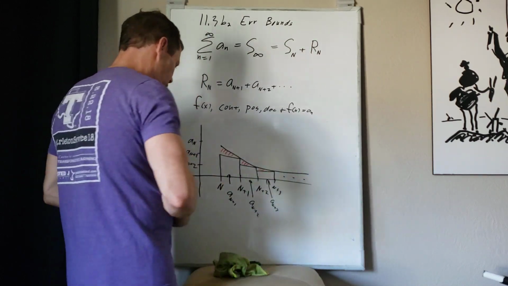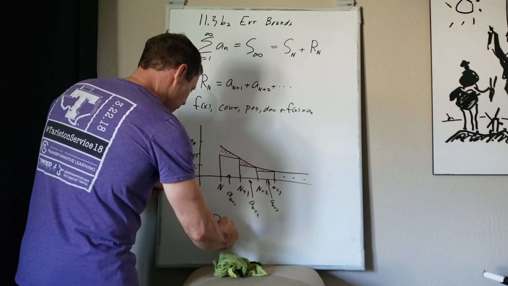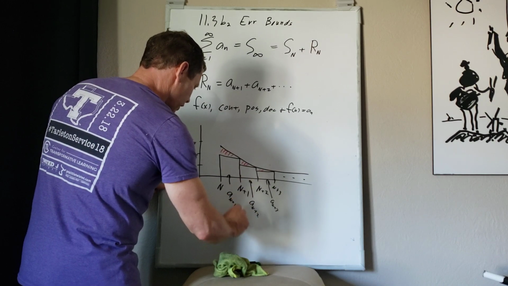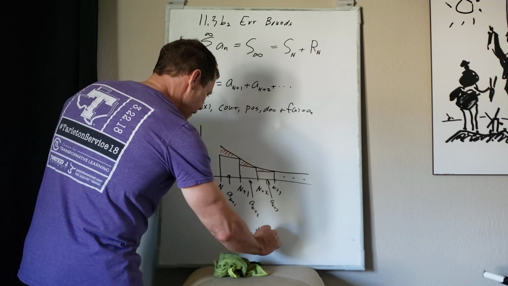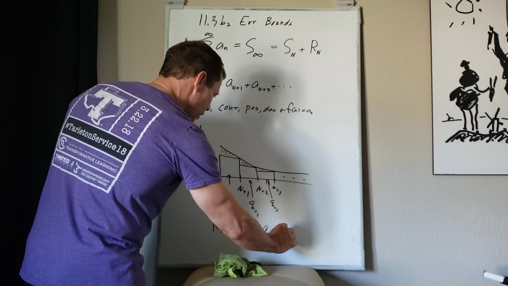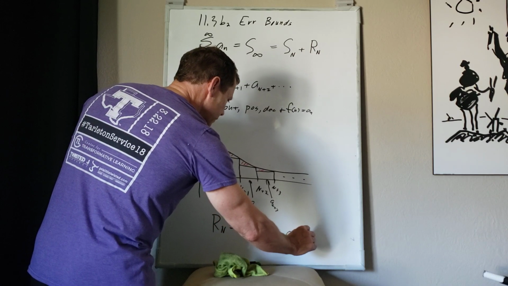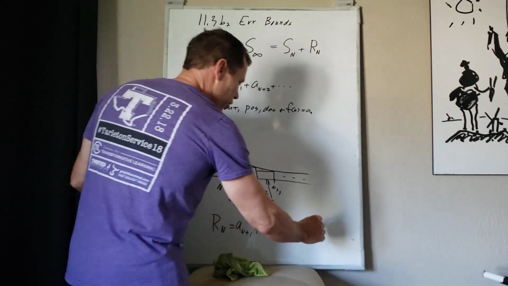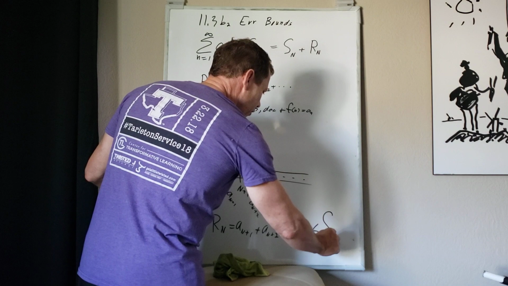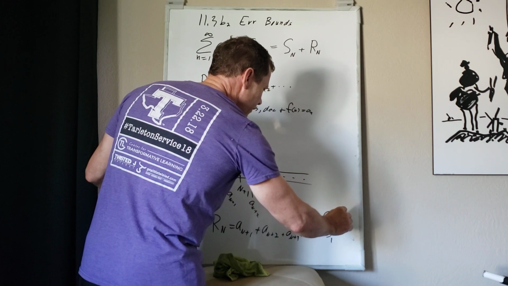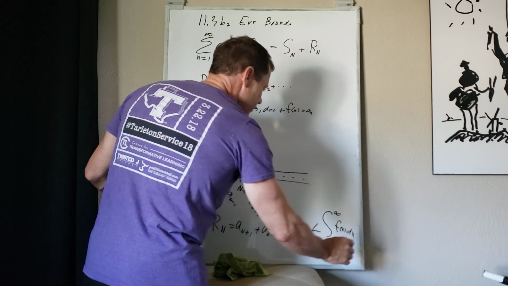We know that the summation, so what's R_n? R_n is going to be a_(n+1) plus a_(n+2) plus a_(n+3) plus on out forever. But we know that that's going to be less than the integral from n to infinity of f of x dx.